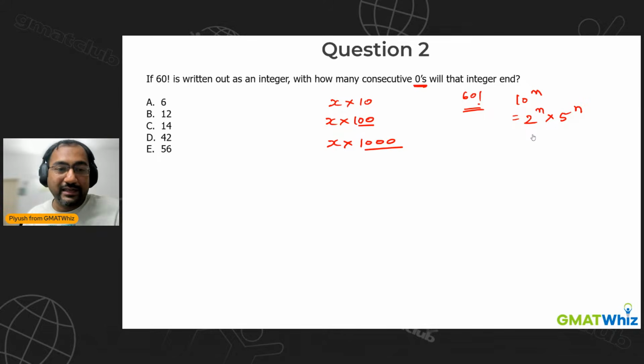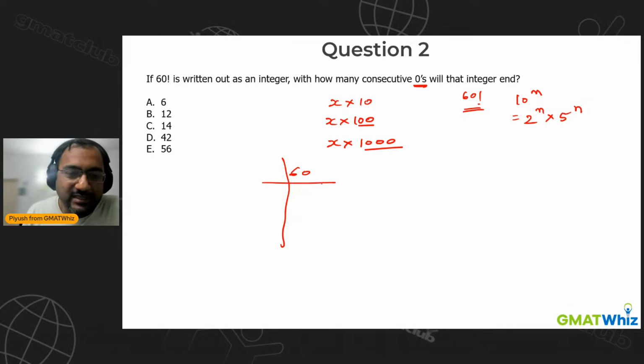You just need to find the highest power of the higher factor, because 5 is going to be more scarce than 2. You'll find a lot more 2's in 60 factorial than 5's. So the highest power of 5 is what will eventually drive how many zeros will be at the end of 60 factorial. So all you need to do is calculate the number of 5's in 60 factorial.